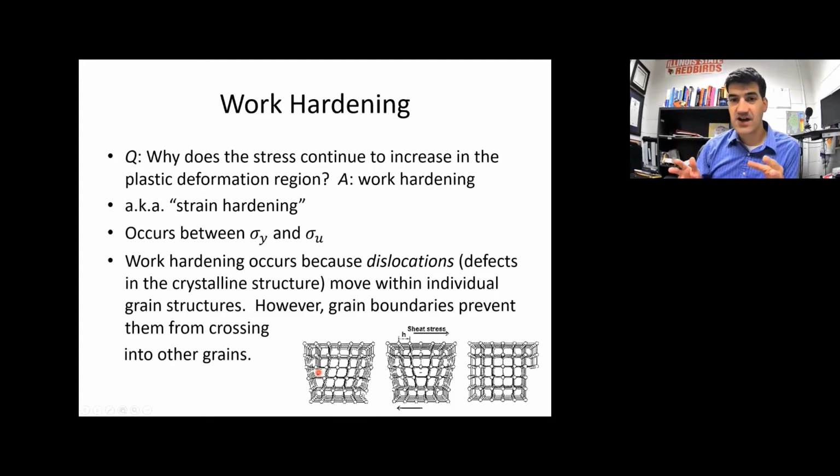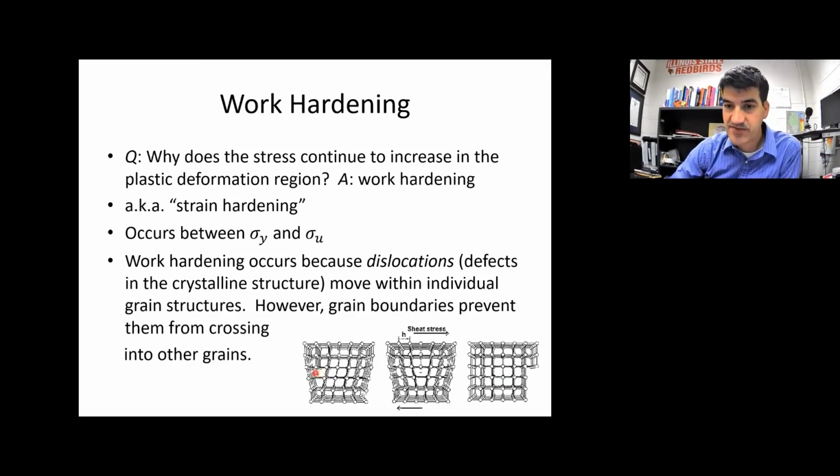Lattice structures are not always perfectly three-dimensional in all of the different dimensions. They're not perfect crystalline structures. It's very rare to have perfect crystalline structures. So there's oftentimes defects in these, like right there. And then as we pull on it, that's going to move.